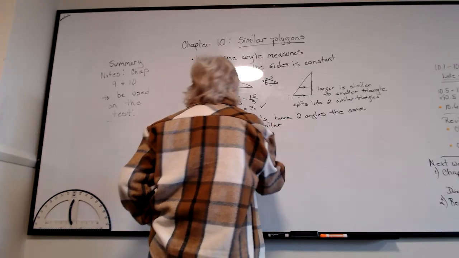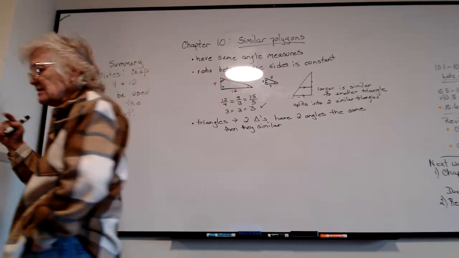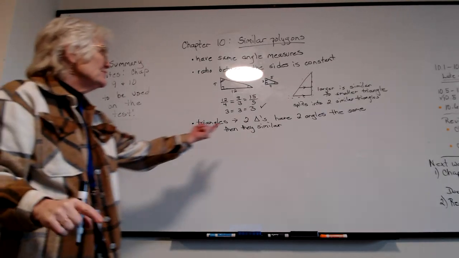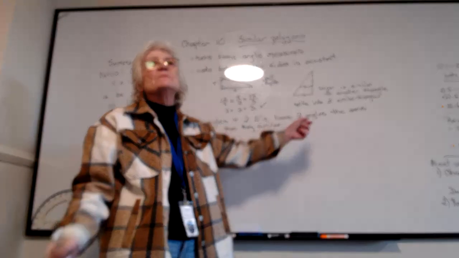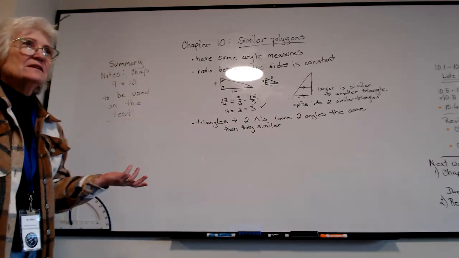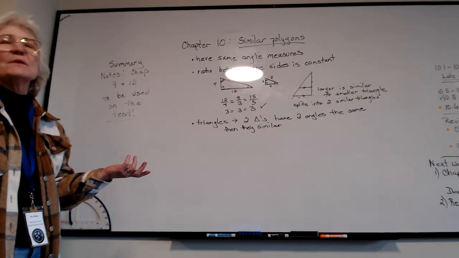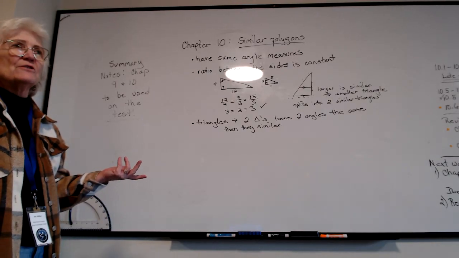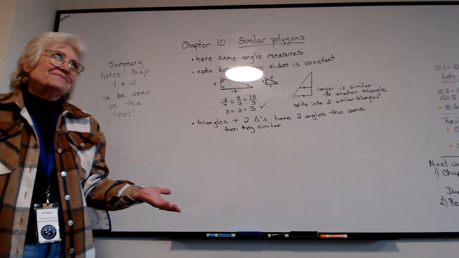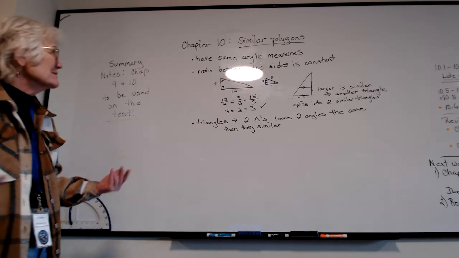So basically, if you know that two angles in a triangle are identical, or two triangles are identical, so if two triangles have two angles the same, then they are similar. That's what that tells us. That's called the AAA theorem. I don't care if you know that. I just want you to know if you have two of them the same, the third one's going to be the same. So that makes sense.